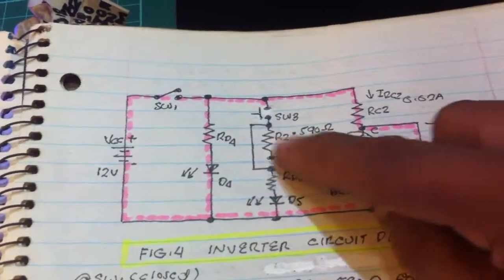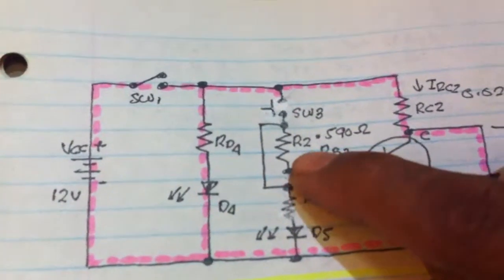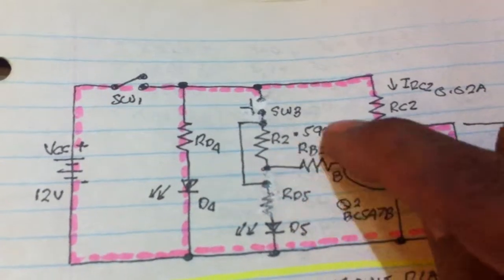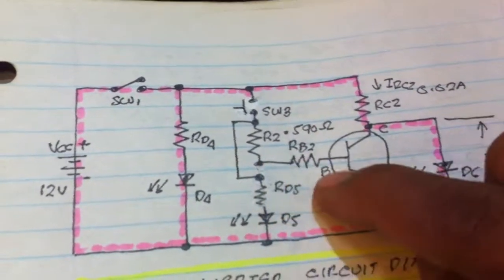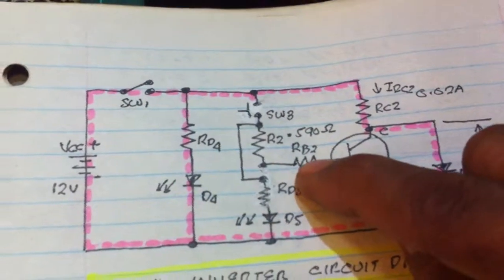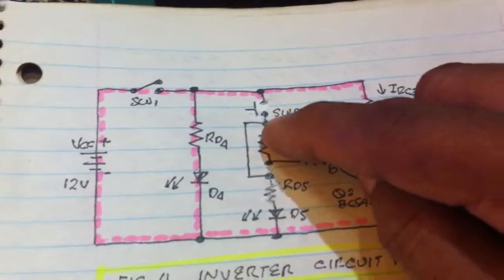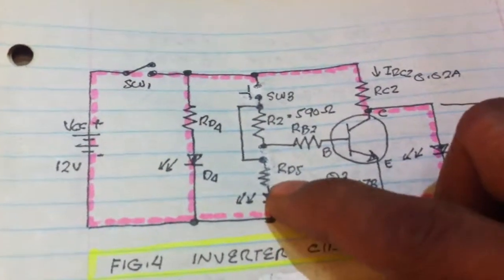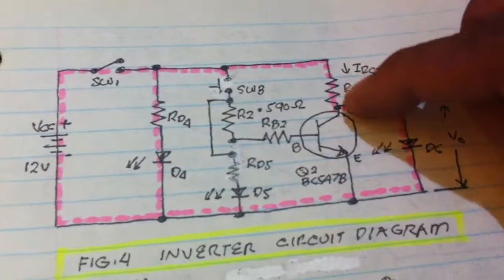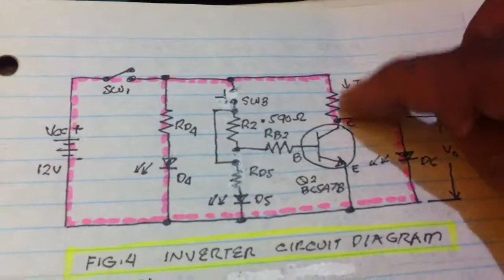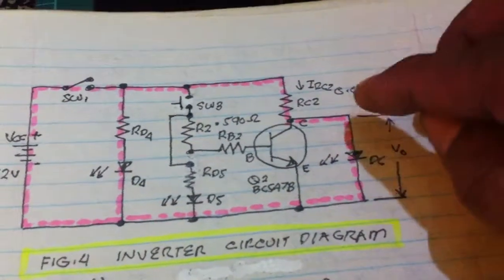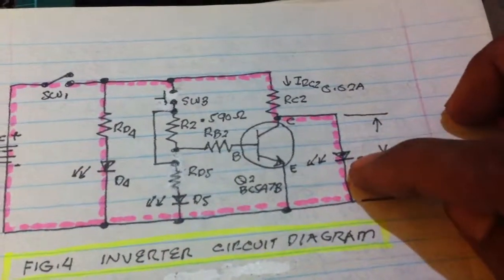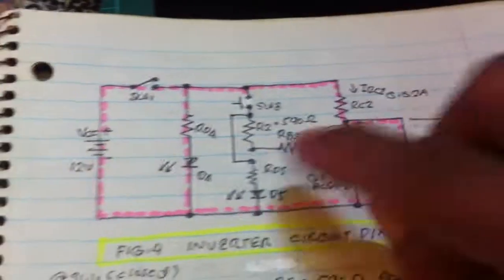We have a chosen value of R2, 590, and we don't know the value of RB2, and then we also have a parallel resistance with the base. Also, we have a load resistor here to limit the current at the LED. The IC required current for the LED is 0.02 ampere.